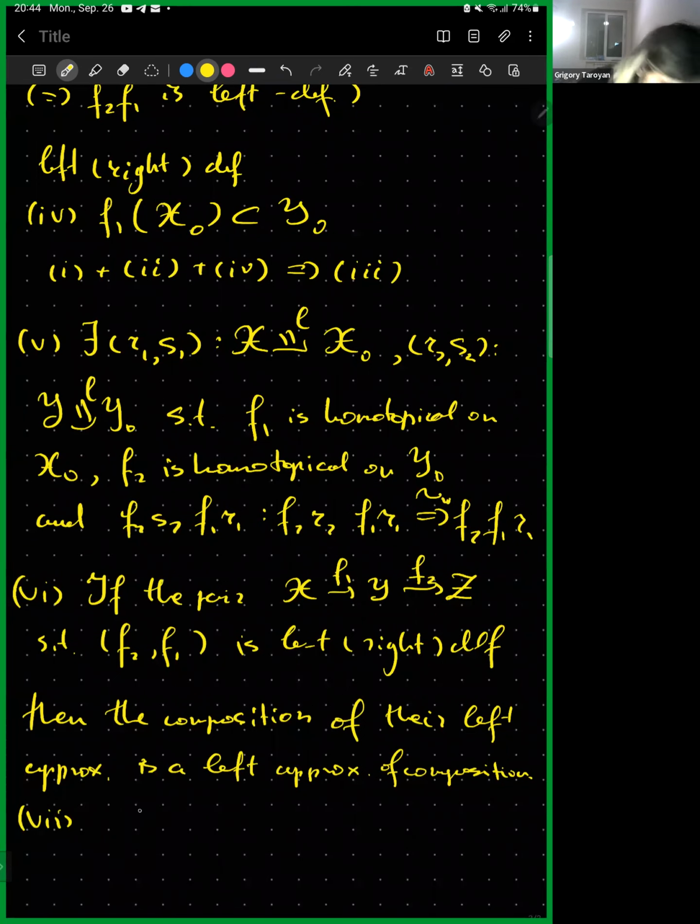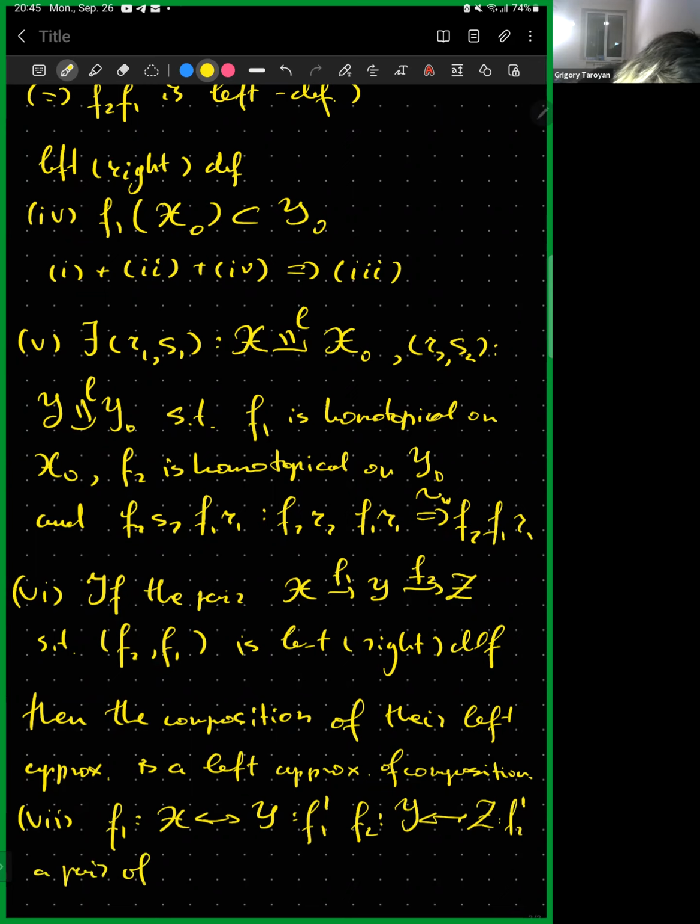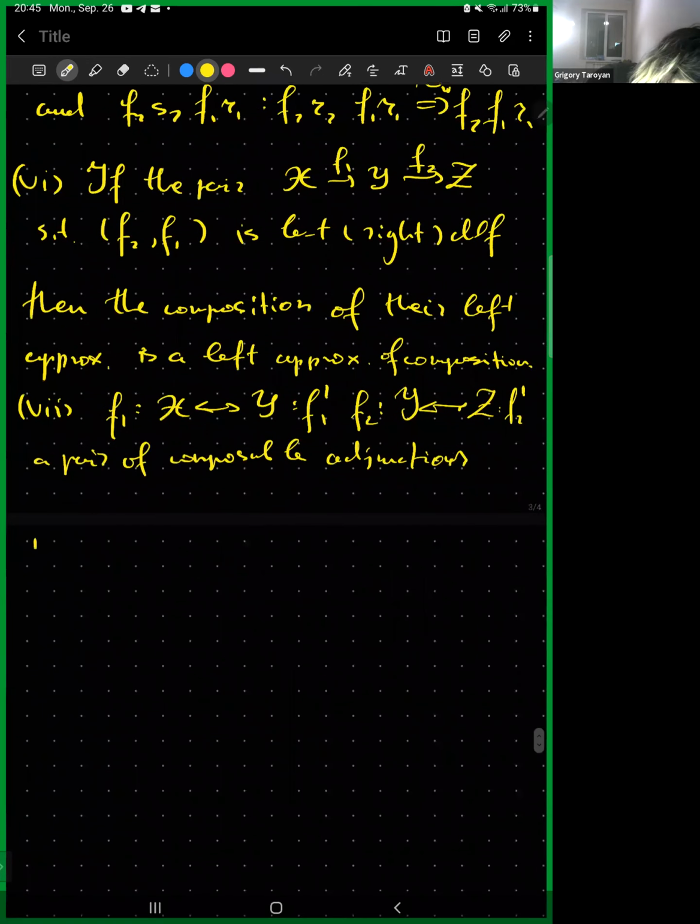So assume that we have a pair of composable adjunctions, and here we really need the condition that X, Y, and Z are saturated.